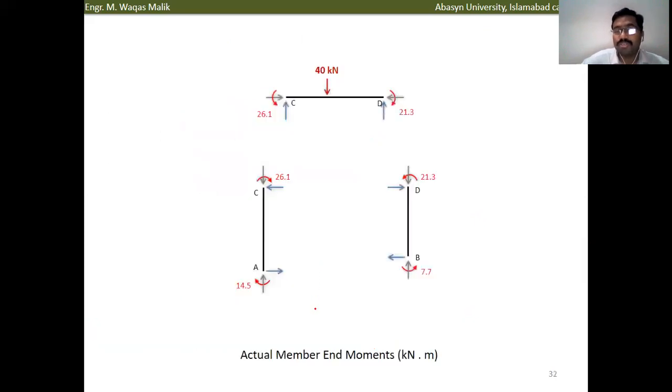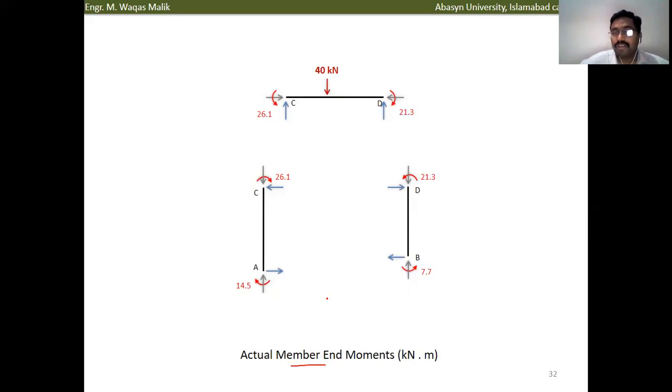So we are going to display these values of the member end moments on the actual frame, and after that we can proceed with the calculation of the reactions, or we can draw the SFDs and the BMDs as per requirement of this question. But in this case, we are only required to find out the member end moments, so we are going to stop our problem here.